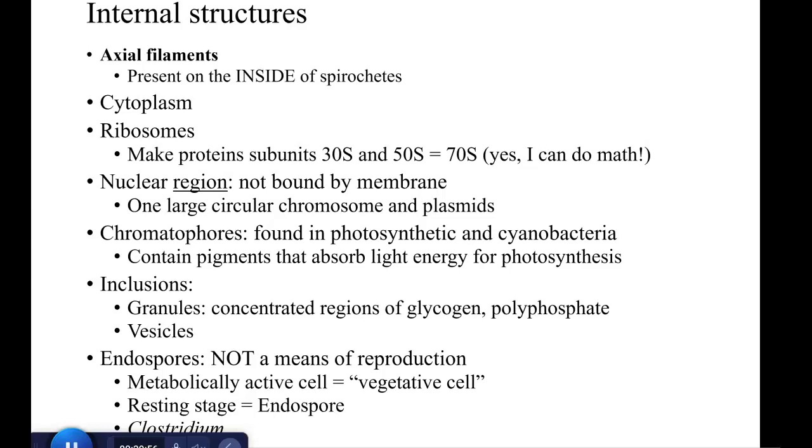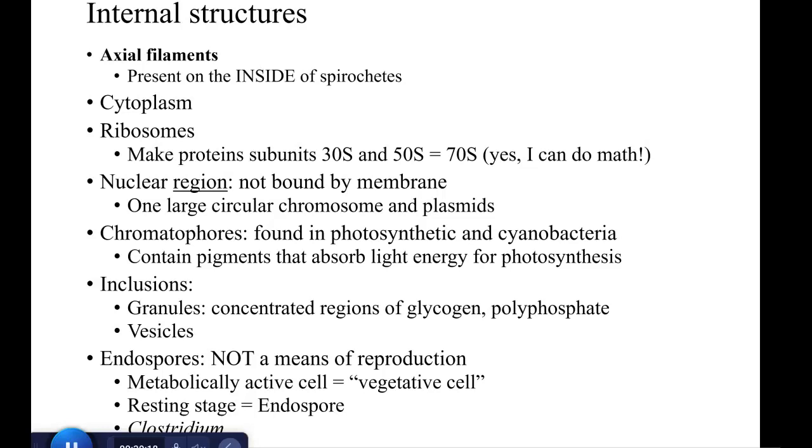Coming up in a chapter, we're going to be spending a lot of time talking about protein synthesis. And if you've learned protein synthesis and how it works in eukaryotic cells, it's very similar in prokaryotic cells. Of course, because they are bacteria, the enzymes are going to be a little different. The ribosomes are also a little different structure.